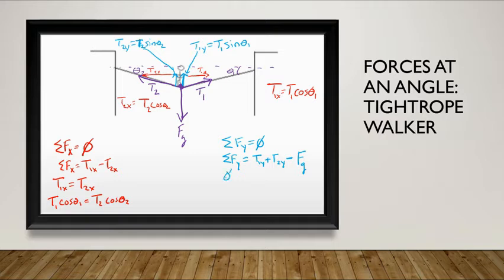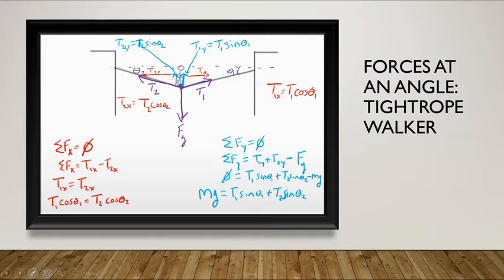So I end up getting 0 is equal to tension 1 sine theta 1 plus tension 2 sine theta 2 minus mass times gravity. So I could figure out what mass times gravity is. My mass times gravity, or my weight, is equal to tension 1 sine theta 1 plus tension 2 sine theta 2. Again, it's not about the numbers. It is about understanding how to solve these problems.